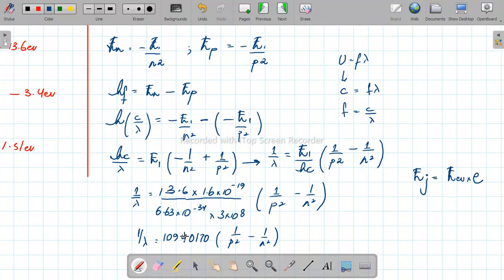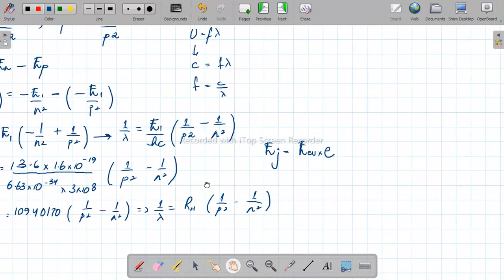We can also write this as, of course, 1.094 exponent 7, and this number is nothing but the Rydberg constant that we represent with RH, right? So this becomes RH into 1 over p square minus 1 over n square.